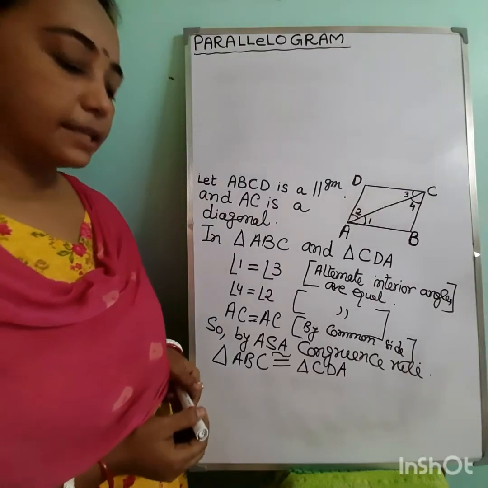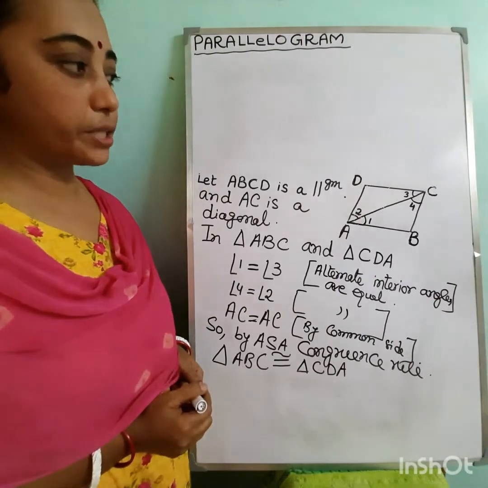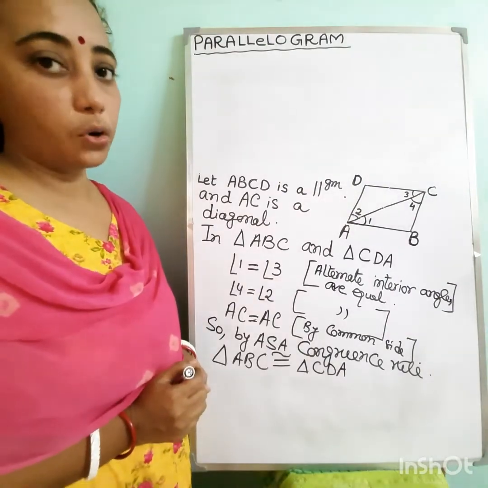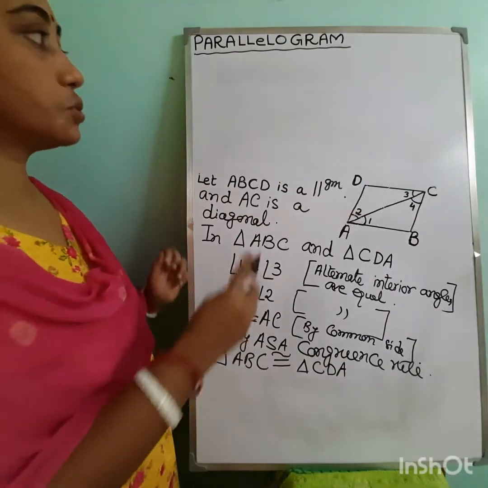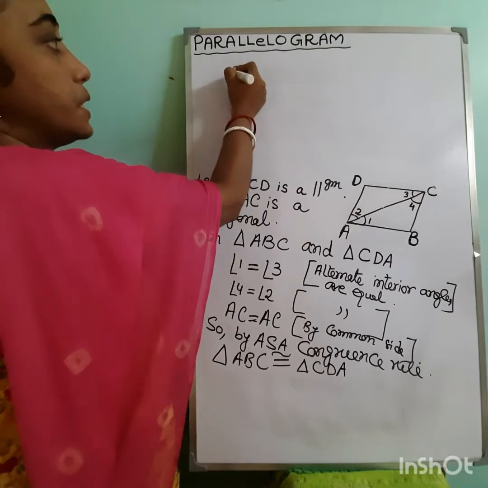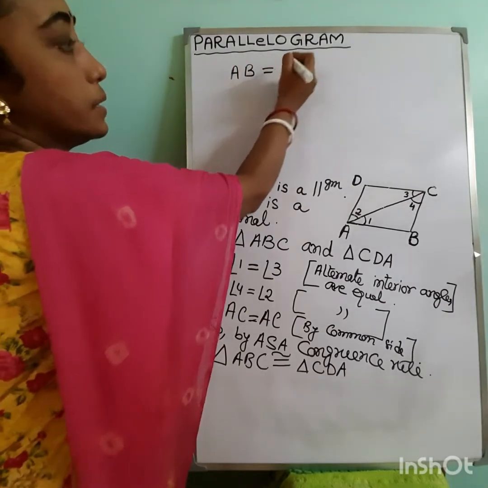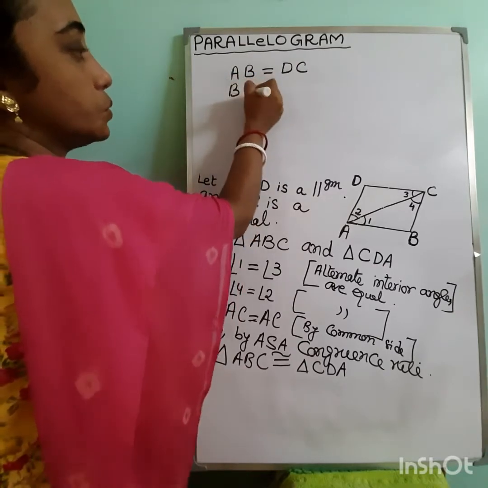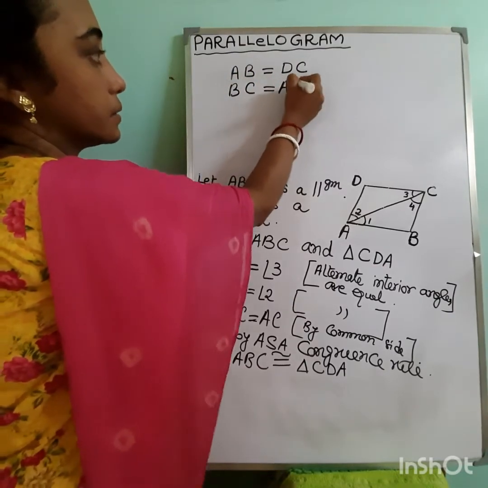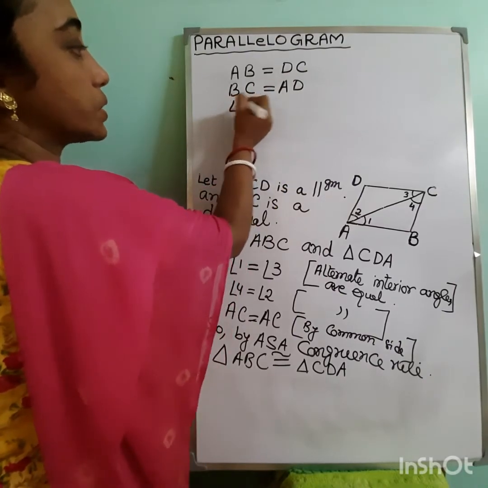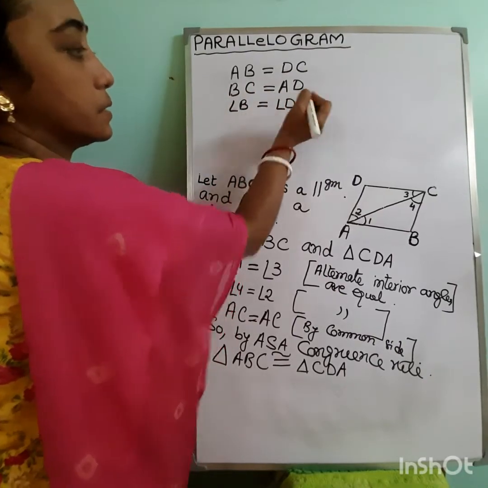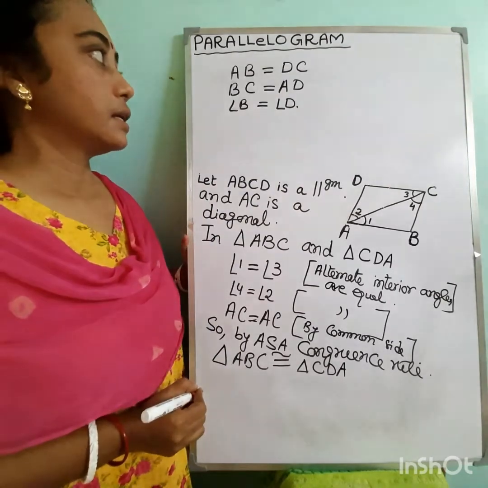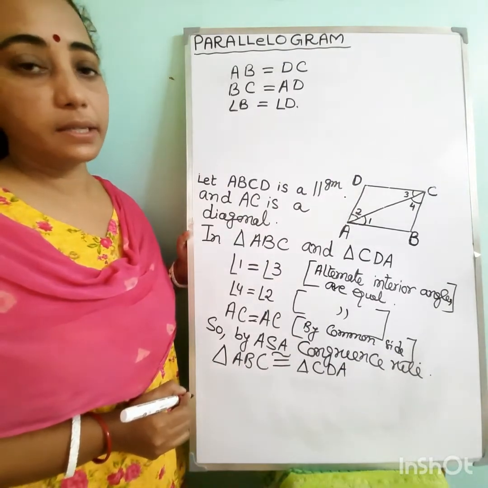As we got that triangle ABC is congruent to triangle CDA, and corresponding parts of congruent triangles are equal, from these two triangles we can write that AB is equal to DC, BC is equal to AD, and angle B is equal to angle D, by CPCT, in short, corresponding parts of congruent triangles.